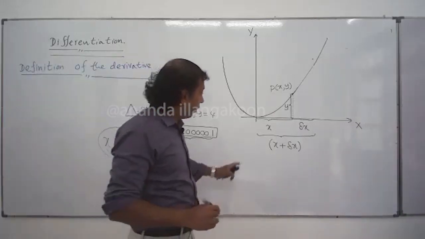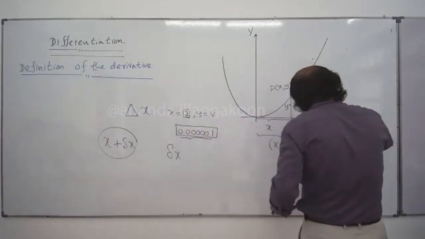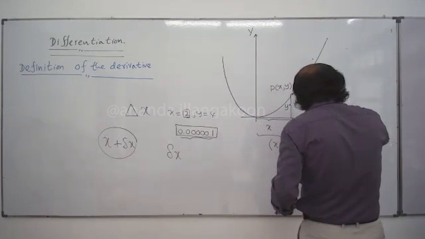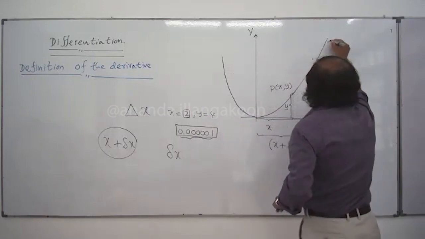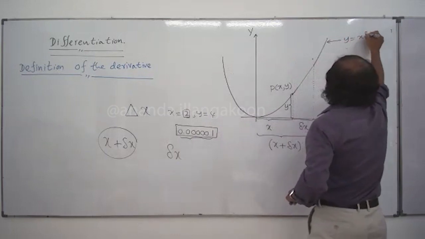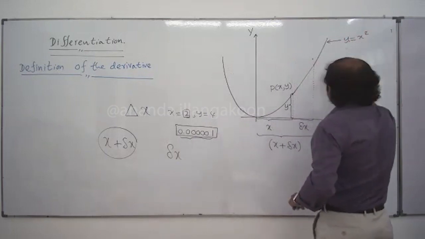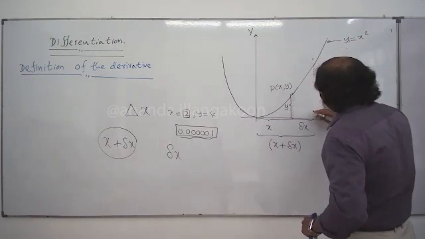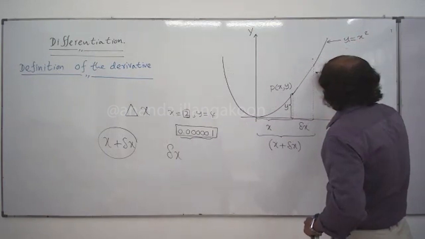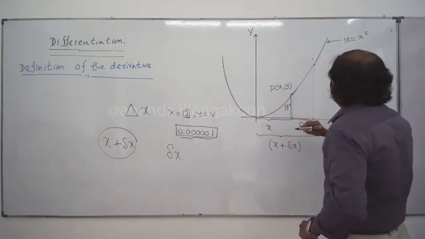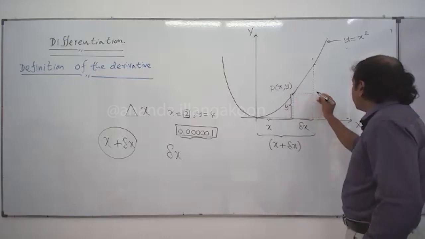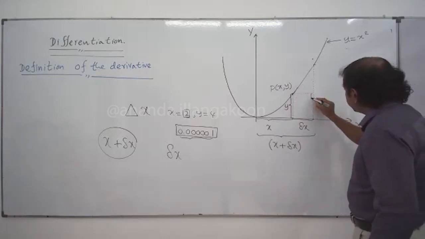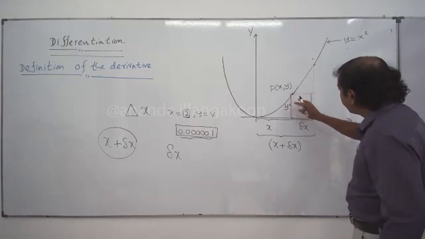For the new x value, when I try to find the corresponding y value, this is the graph y equals x squared, right? This is the new y value for the new x value. The earlier y value was this height. The initial y value is this height.